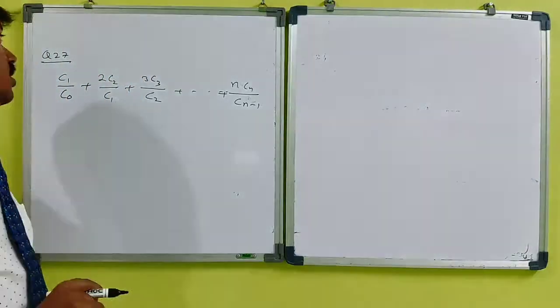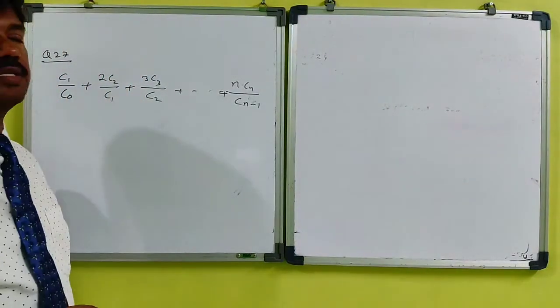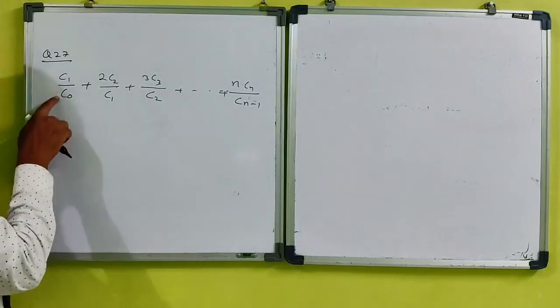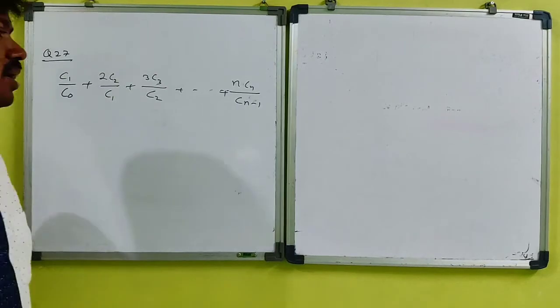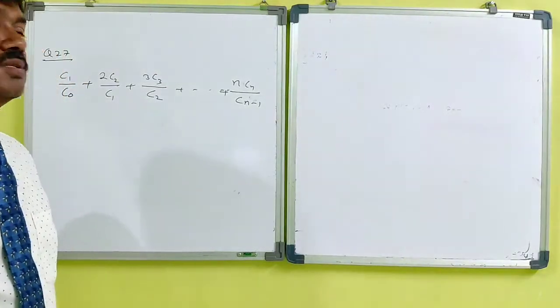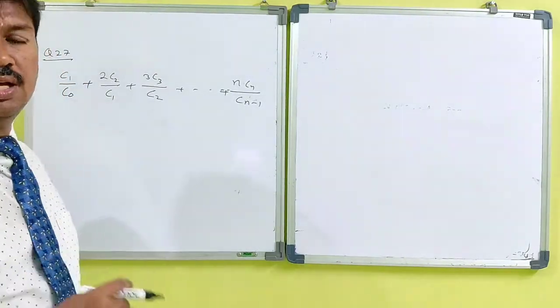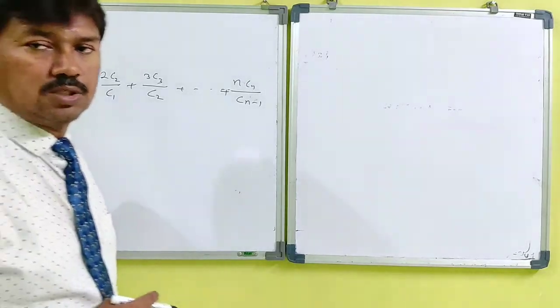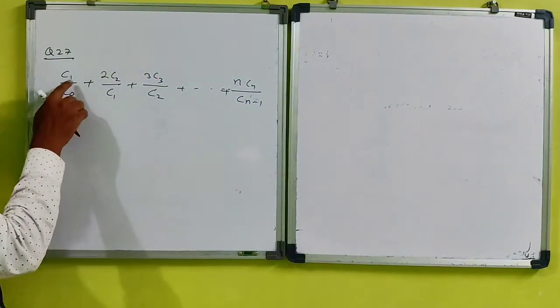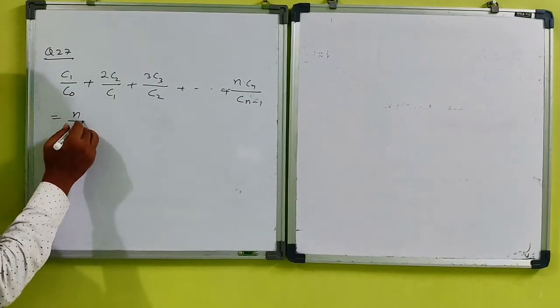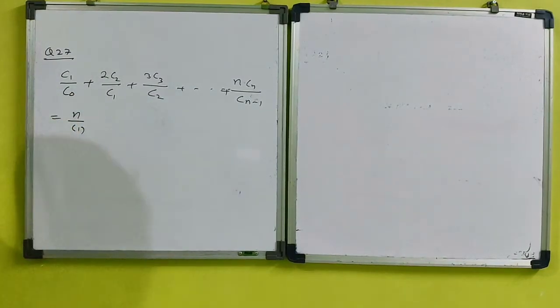Next question, question number 27. What is the value of this? C1 upon C0 plus 2C2 upon C1 plus 3C3 upon C2 plus up to nCn upon Cn minus 1. So what is the value of this expression? That's the question. Here we can easily say C1 is nothing but n, so it is n upon C0, which is 1.